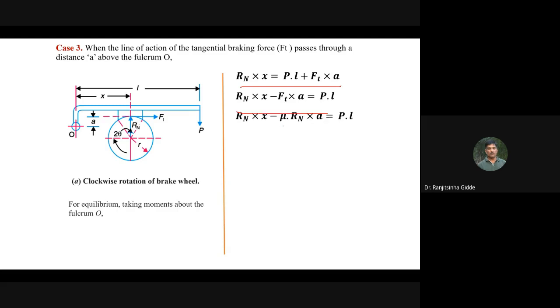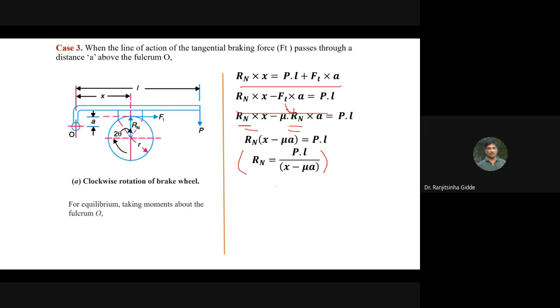Okay. So the value of this Ft is mu Rn, again take Rn as common: Rn into x minus mu a, bracket complete, is equal to P into L. So this is the value for Rn.